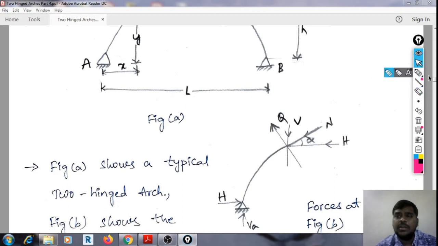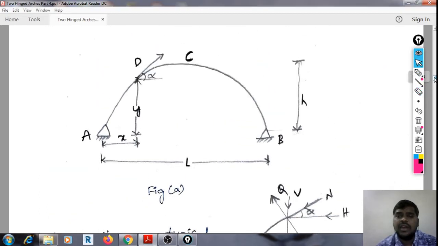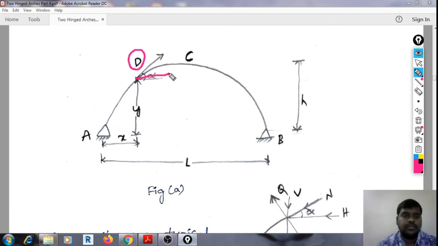Next, coming to the study of arch. This is an arch with A and B as hinges and C as crown, and at any point D we have taken point P or D. We have alpha as the angle here.